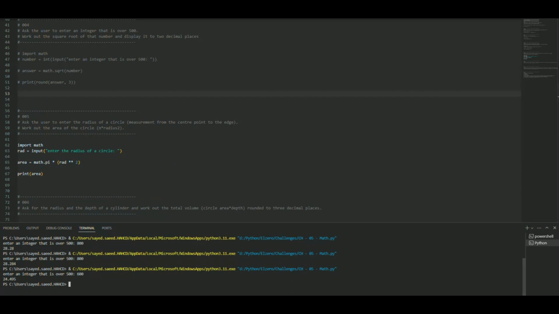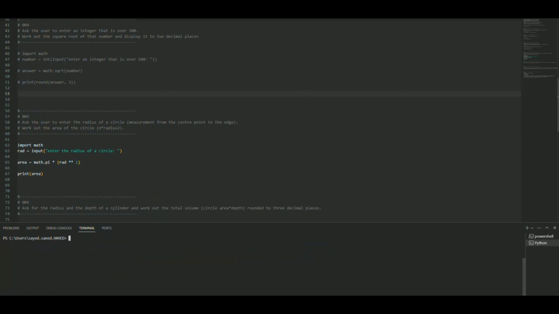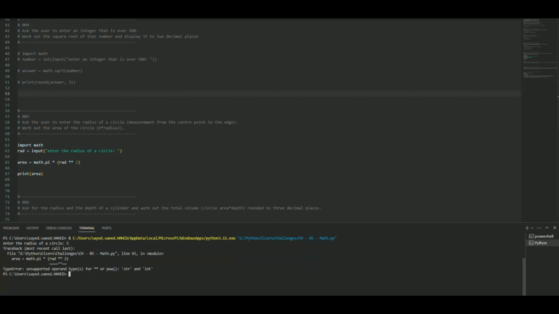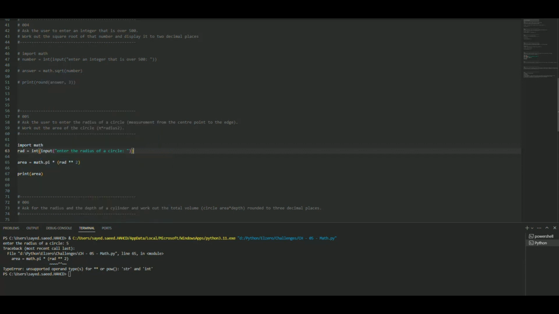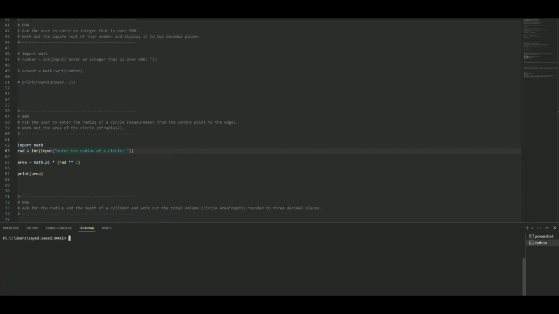Let's try to run it. Run, enter radius 5. There's something wrong here. Okay, I forgot to cast it. Run it again. 5.